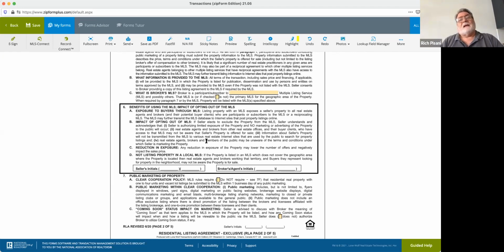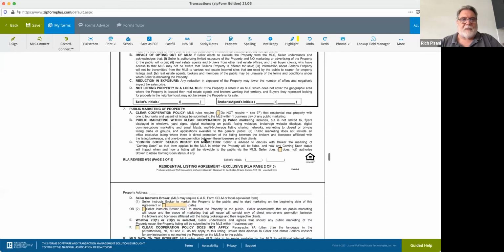And you say, well, I excluded it, but you're publicly marketing it. So if you publicly market something that is excluded, then within 1 business day, that property has to be put into the MLS, either as a coming soon or as an active listing. So just be aware of that.